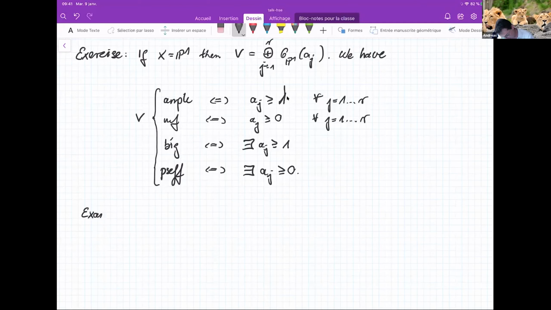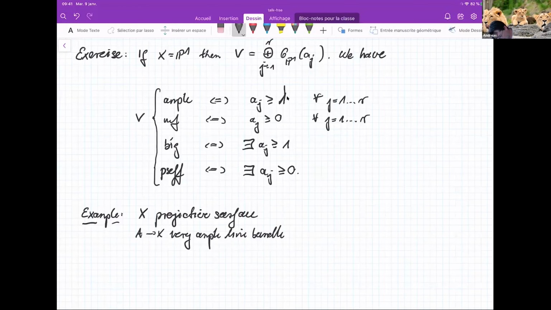So I will look at a projective surface. If you have X, some projective surface, and I will take A over X, some very ample line bundle. And what I will use about this very ample line bundle is its space of global sections.